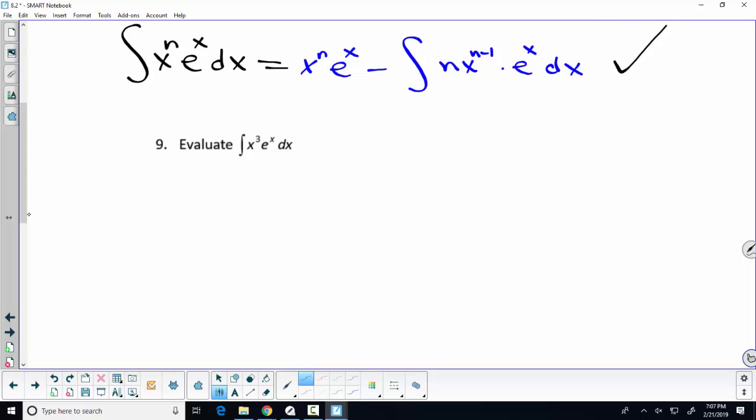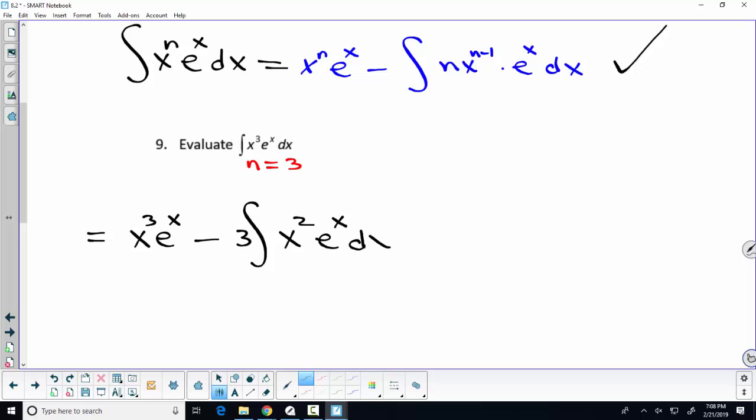Do we want to evaluate this using the reduction formula just to see how it works? Tabular integration would work really well here too. The n is the power of x that we start with. So here in the reduction formula, with n equal to 3, it says x to the third times e to the x minus 3 times the integral of x to 1 less power, e to the x dx.